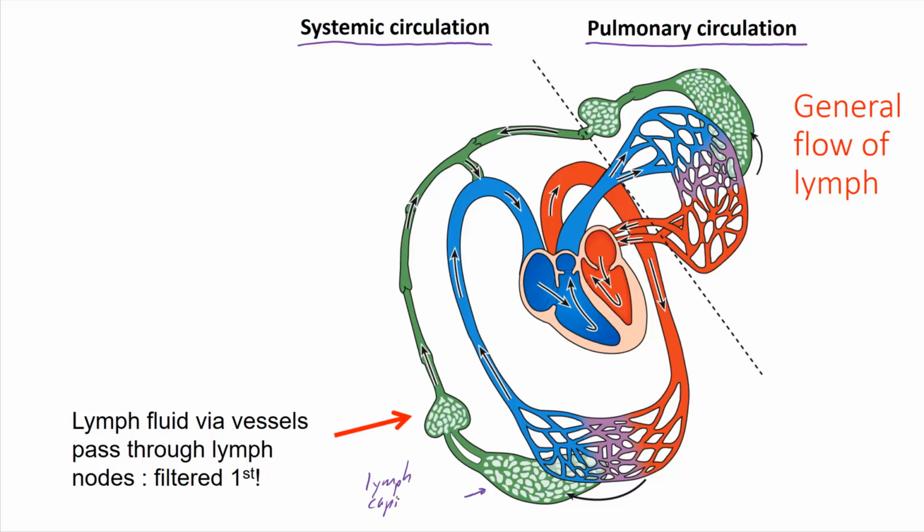And they are taken to special structures called lymph nodes. These lymph nodes have a high concentration of white blood cells within them. So there are immune cells there that can now screen whatever substances the lymphatic system is carrying.